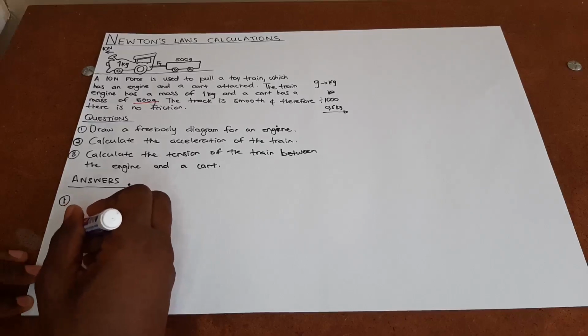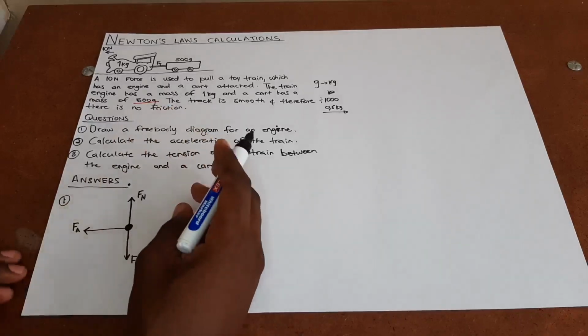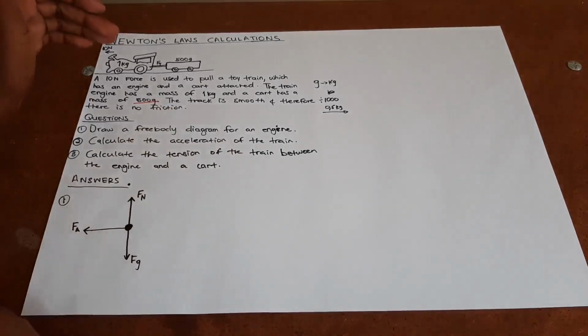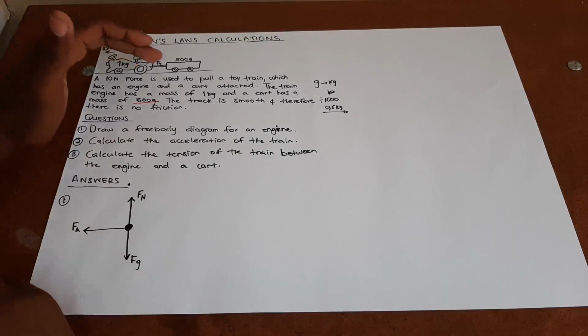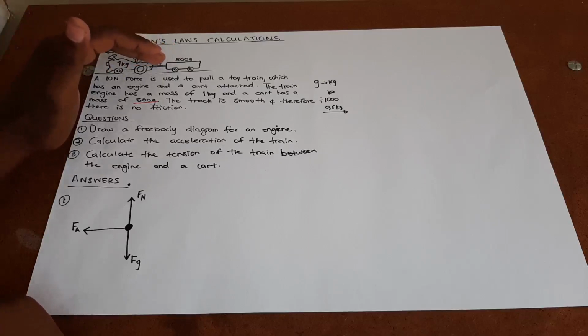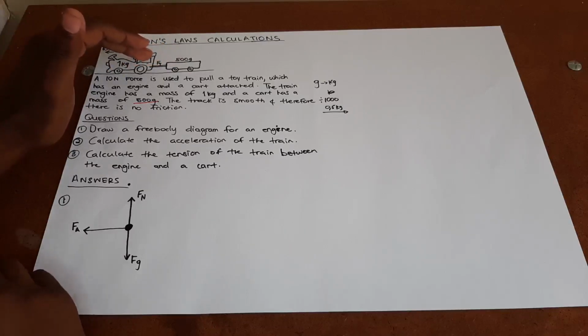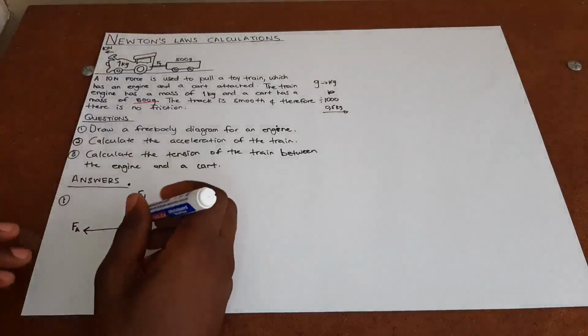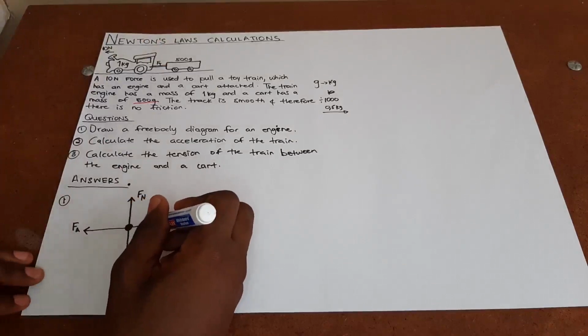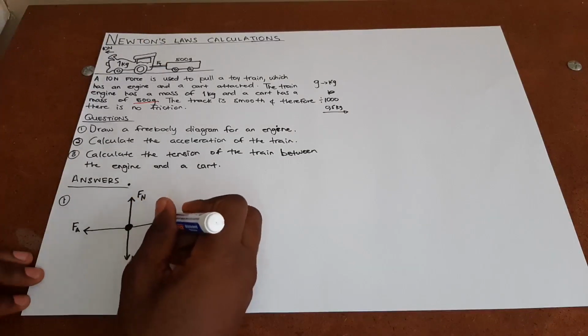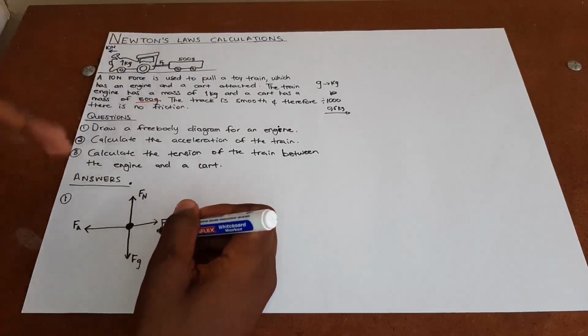The engine is pulling the cart, meaning that there is a tension force applied by the cart to this engine, pulling it backwards. So there is an opposing force, which is our Ft.